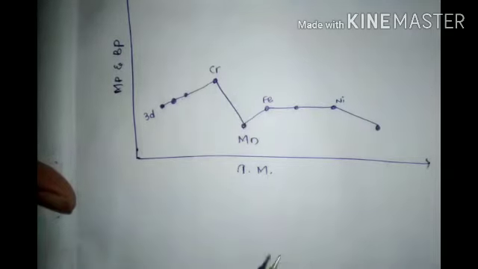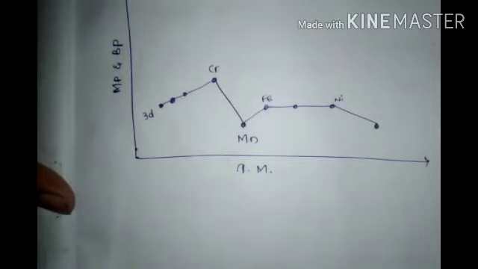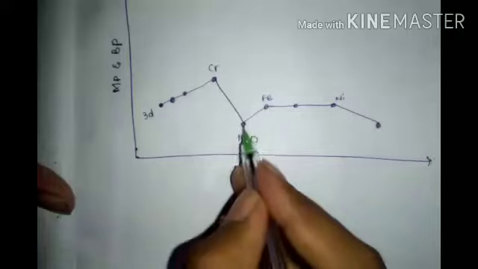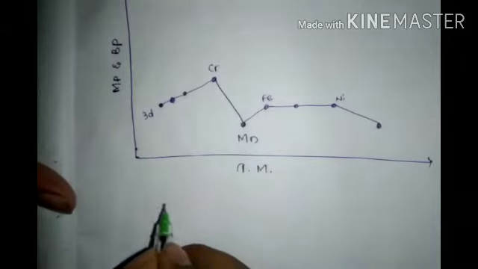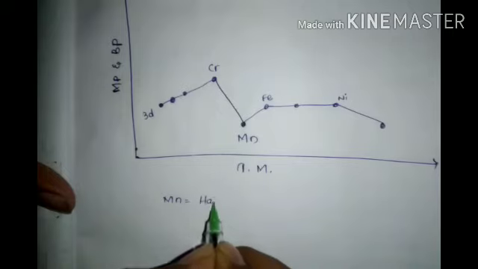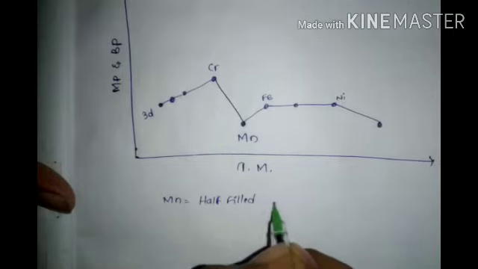See, melting and boiling point means we are breaking the electrons. So observe: 21, 22, 23, 24, 25. Mn is half filled.